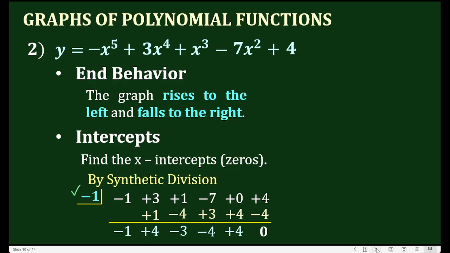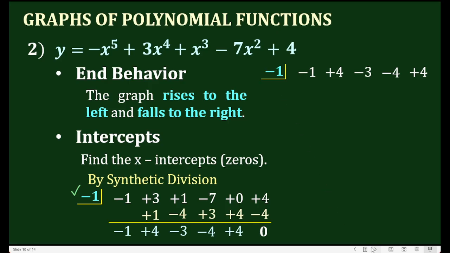Okay, we check that. So we copy these 5 numbers: negative 1, plus 4, negative 3, minus 4, plus 4. And then we use another root. We could use negative 1 again, because there is also a possibility of multiplicity.